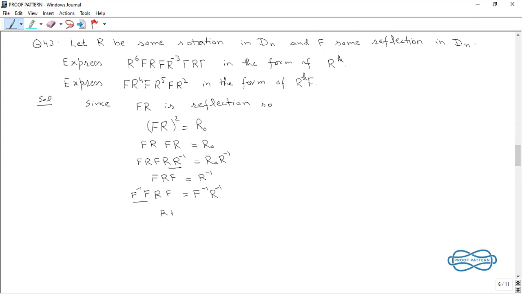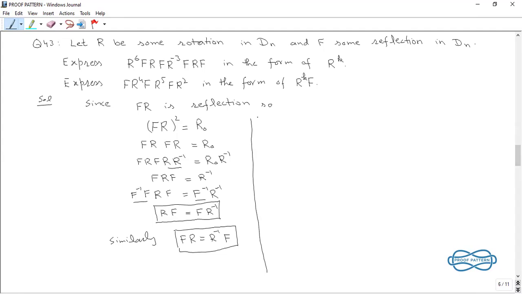So this will be RF is equal to, and this F inverse will be F itself, so we get that RF is equal to FR inverse, and similarly we can get that FR is equal to R inverse F. So these two results we have proved, to prove the remaining part of this question.